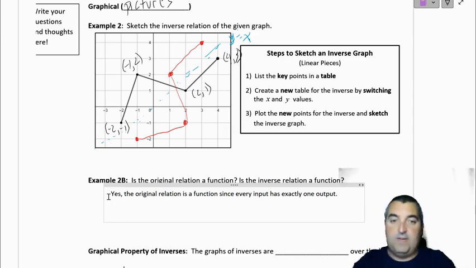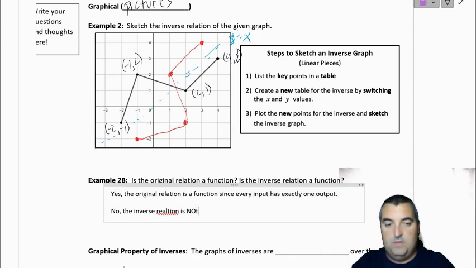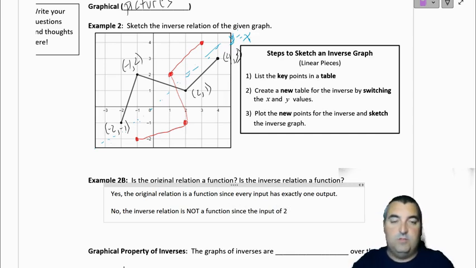And then for the second question, no, the inverse relation is not a function since the input of 2, really there's more than just 2, but even having it happen once is enough, has two outputs, so 3 and -1.